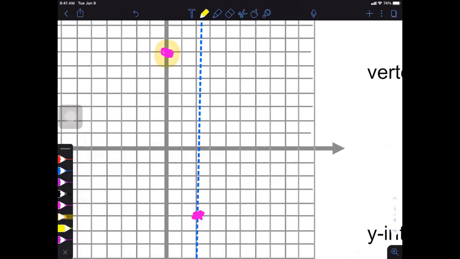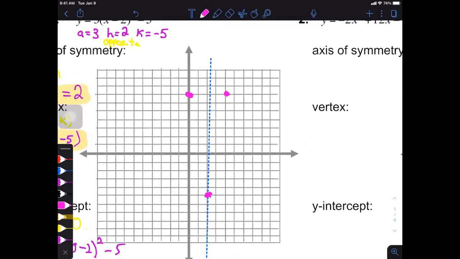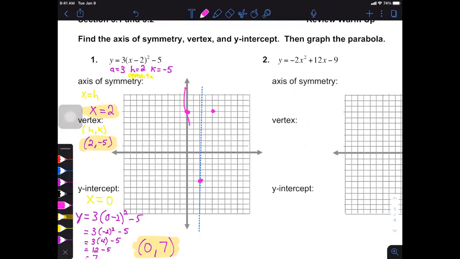We want to see that it's going to go 2 away, 1, 2, and then you mirror it 1, 2 away again. That's going to give us the point right here, which is going to be (4, 7). When you have that, this will be a hard parabola to draw. Draw your parabola, and you're done.